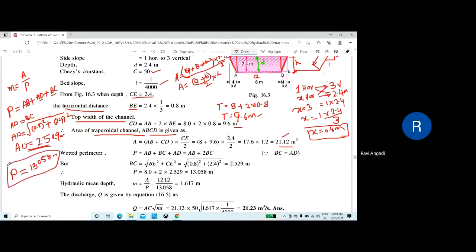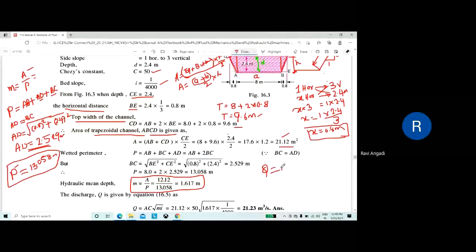So once you get the wetted perimeter, you already calculated the area. Then the perimeter also you have calculated. So what is the hydraulic radius or hydraulic mean depth? M. So M here they have calculated this much. You also cross check it. M equal to A by P, because our formula is what?